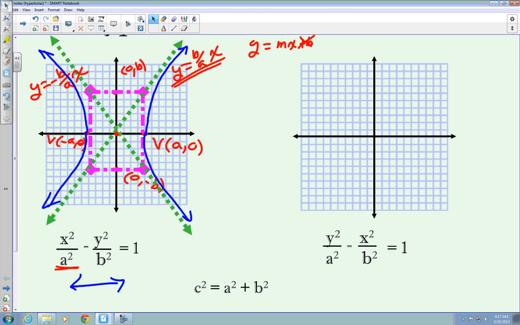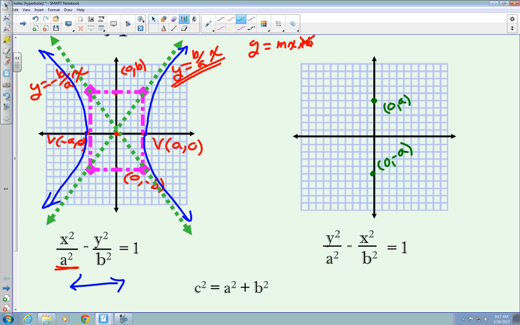The other one, the y squared is positive, so then my vertices are going to be on, we'll make this one where the a is the bigger one. The vertices are going to be on the y-axis because the y squared is first. So this vertex is at the point 0, a, and the point 0, negative a.